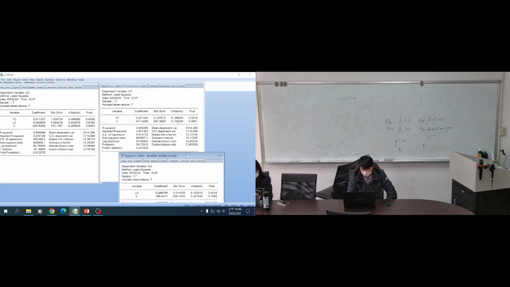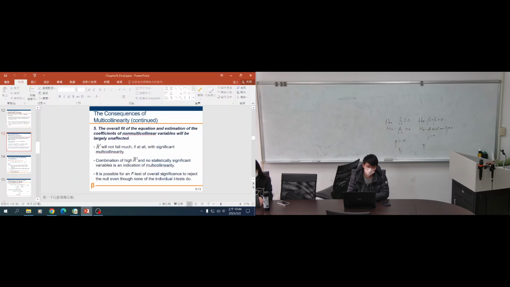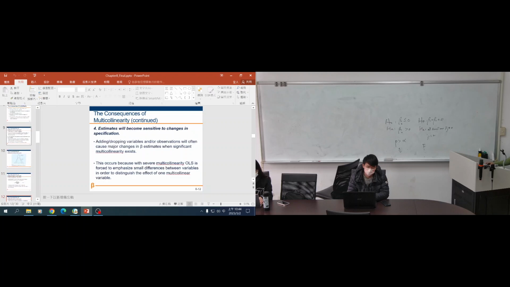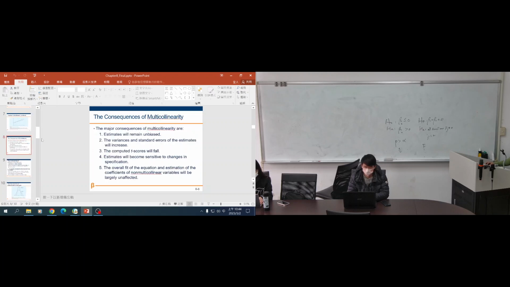All right? So if you go back to read the book for the consequences, section 8.2, there are 5 consequences. I'll show from the PowerPoint. The estimates will remain unbiased. Second, the variances and standard errors of the estimates will increase. Third, computed t-scores decrease. Number 4, estimates will become sensitive to changes in specification.